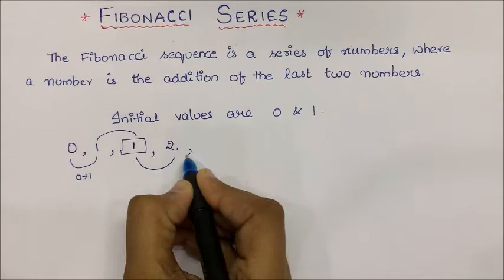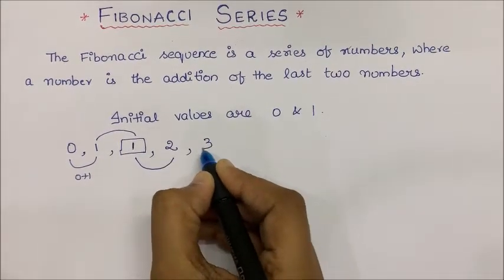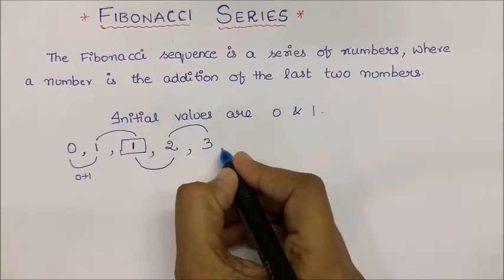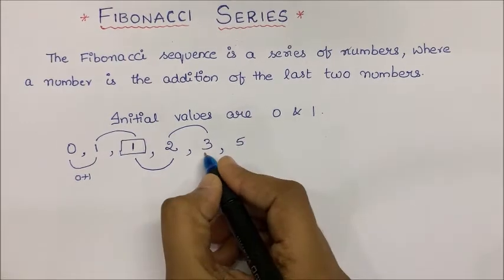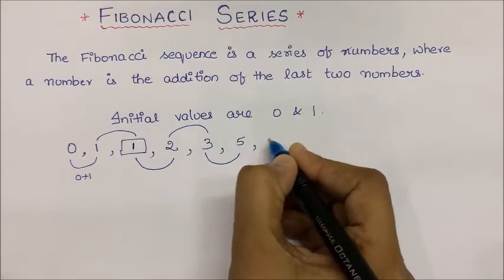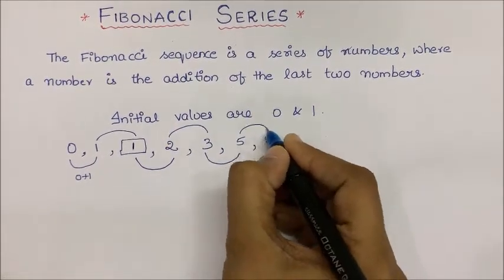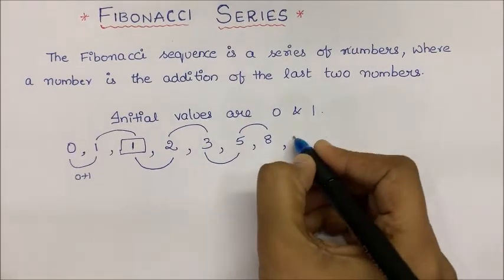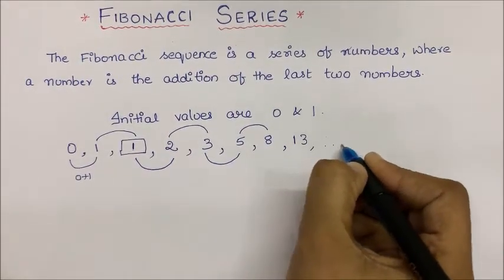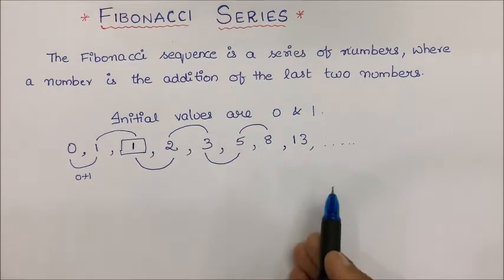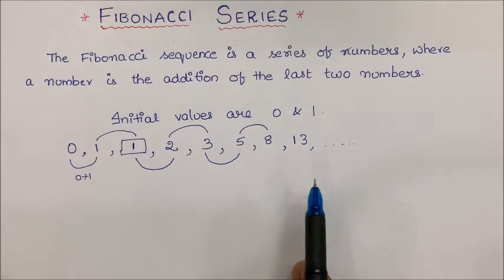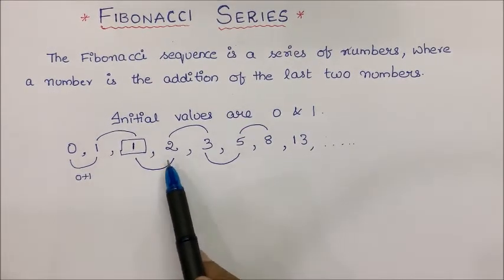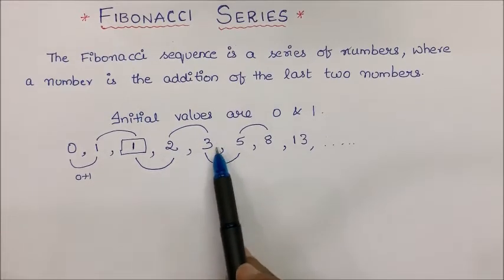Next 1 plus 2, 3. 2 plus 3 is 5, and 3 plus 5, 8. 5 plus 8, 13, and so on. This is a Fibonacci series wherein we add the previous two digits to get the next number.